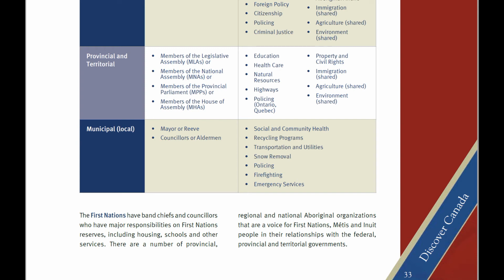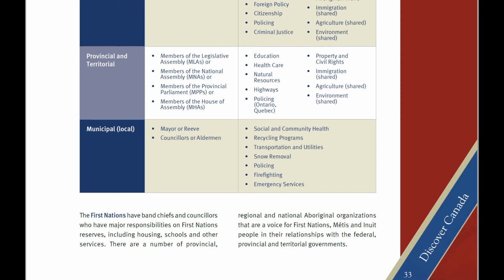The following information will help you understand the differences between federal, provincial, territorial, and municipal levels of government. At the federal government level, the elected officials are called Members of Parliament, or MPs.